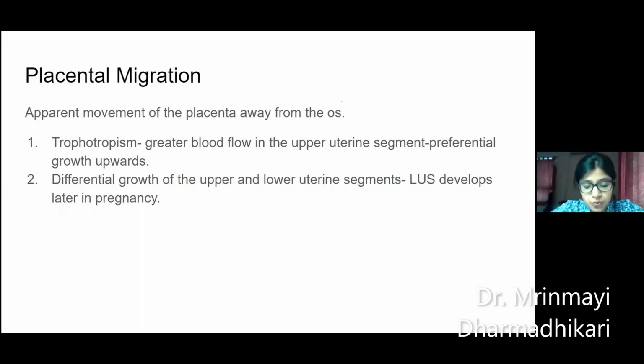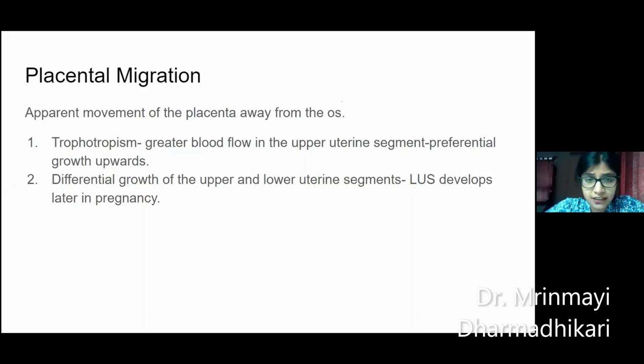Now I'm going to discuss with you all a very interesting terminology, which is called placental migration. I'm sure all of you have had patients at around 18 to 20 weeks of gestation come to you with an anomaly scan suggestive of a low-lying placenta or a placenta previa.